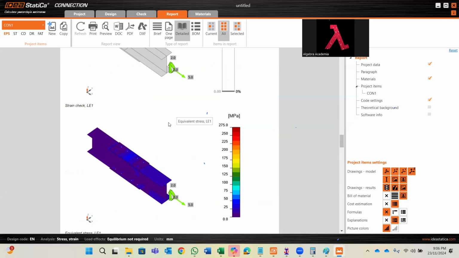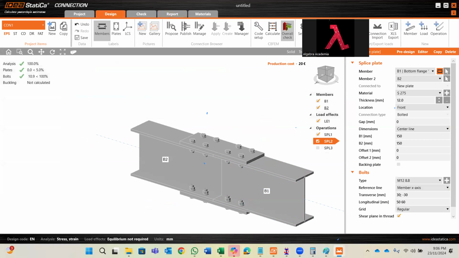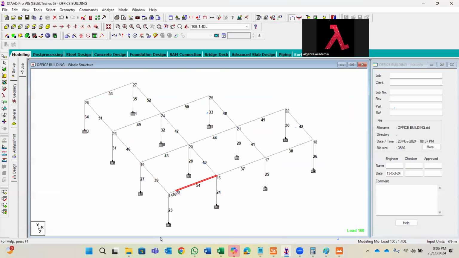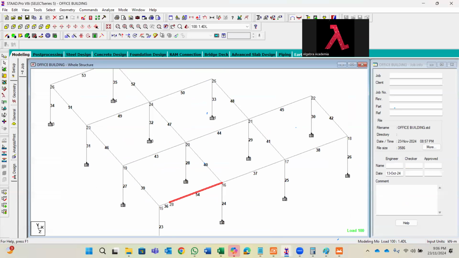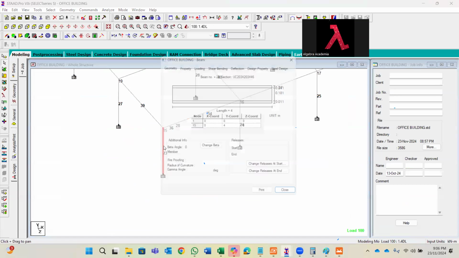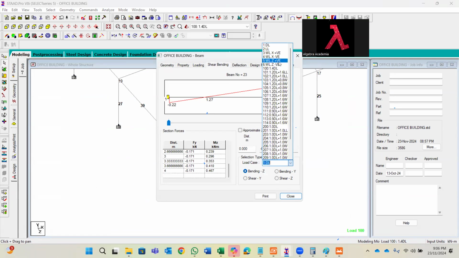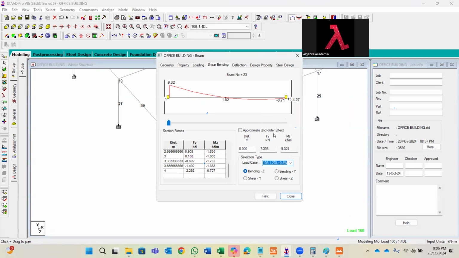Okay. Now going back again, I'll go to the column splice connections. First, I'll go to the STAAD model. The similar way, what I'm going to do. So I'll just check the shear bending. Going with the ultimate cases.